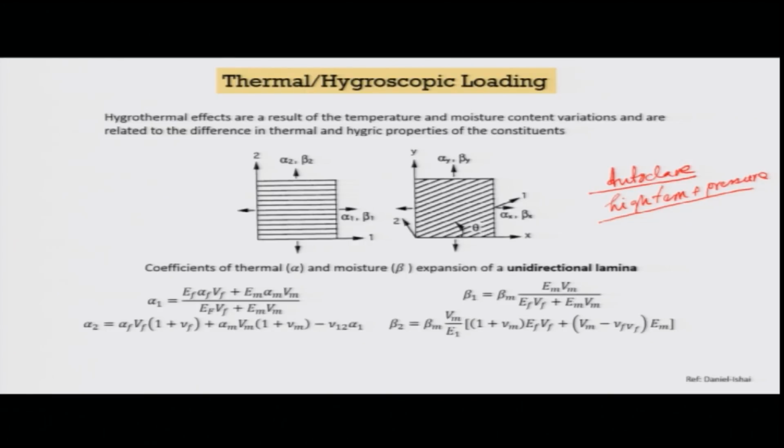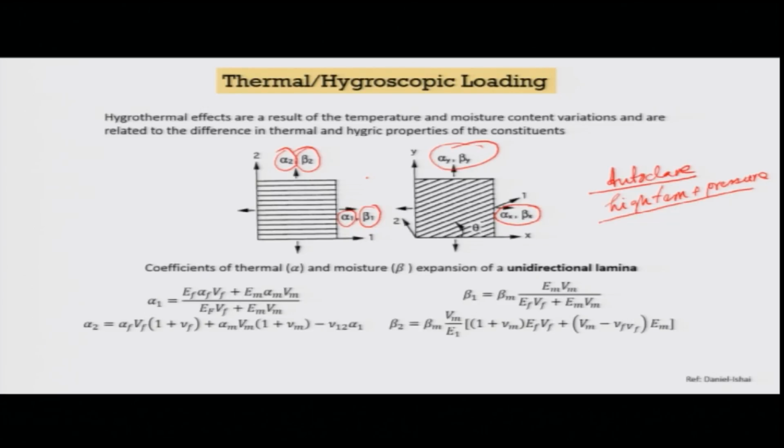Okay. So, in that case the absorption will happen, and once again it is directionally dependent and layer angle dependent. So, that is why we have one thermal coefficient along direction one, another along direction two, and similarly a moisture absorption coefficient along direction one, another along direction two. Okay. So, that means for x y also we have alpha x, beta x and alpha y, beta y.